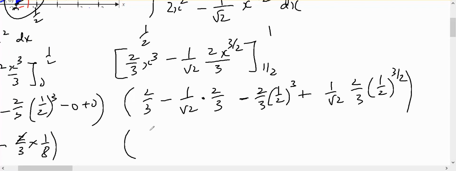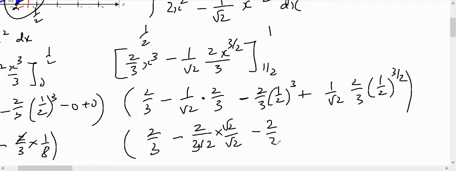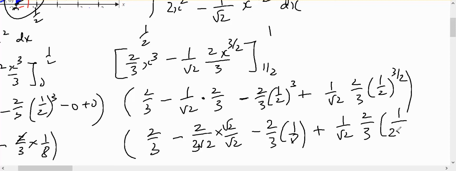And that's going to equal 2/3 minus 2 on 2 root 3 root 2, then I'm going to multiply that by root 2 on root 2 to rationalise the denominator, minus 2/3 times 1/8 plus 1 on root 2, 2 on 3, 1 on 2 root 2.